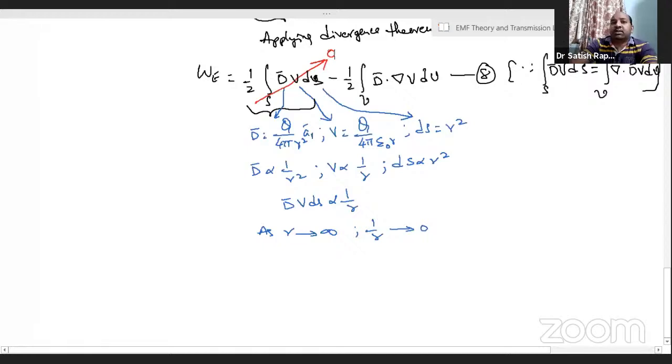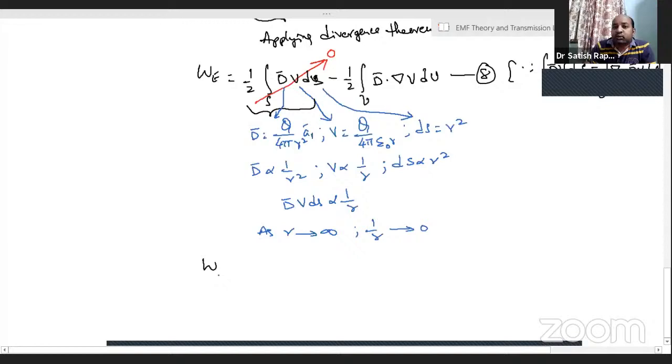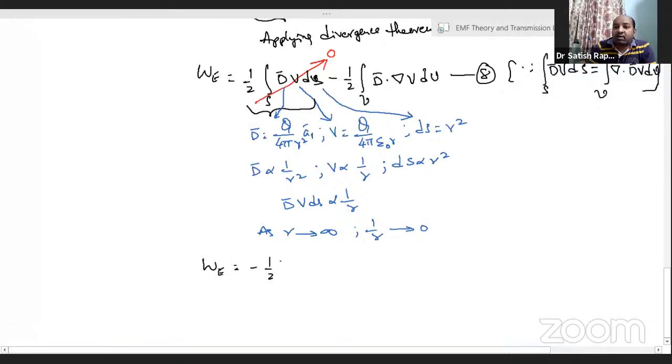So keeping that 0, we will get We is equal to minus half volume integral D bar dot V dv, right? And further simplifying this, minus 1 by 2 volume integral D bar dot V. So what is V?